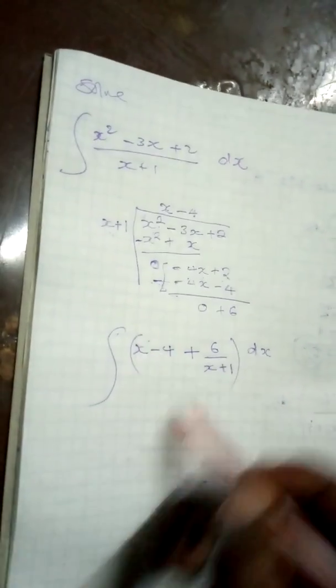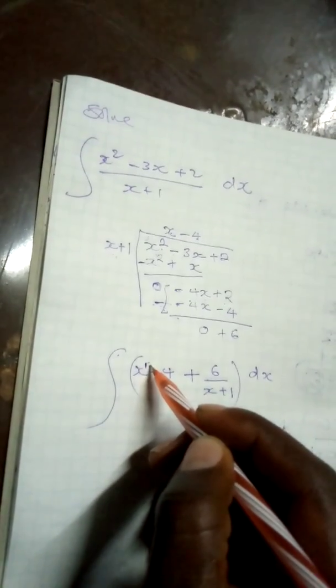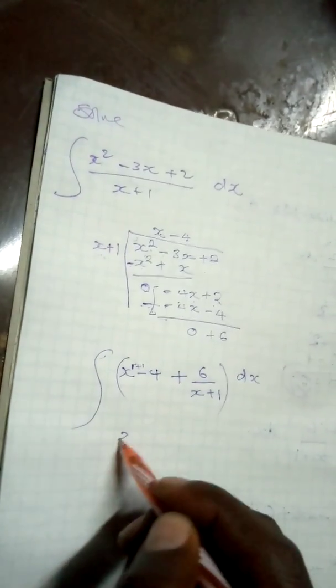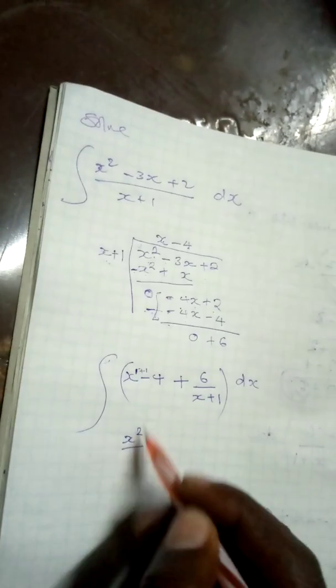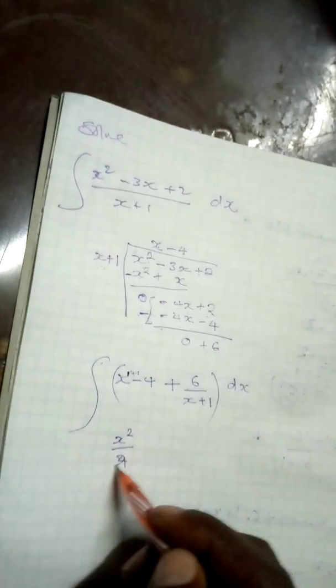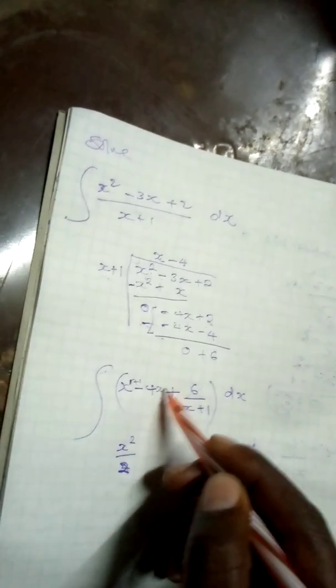The integral of x is like x raised to power 1, so we integrate, we add 1 and divide by the new power. So we are going to have x squared divided by 2. Then negative 4 is like x raised to power 0.